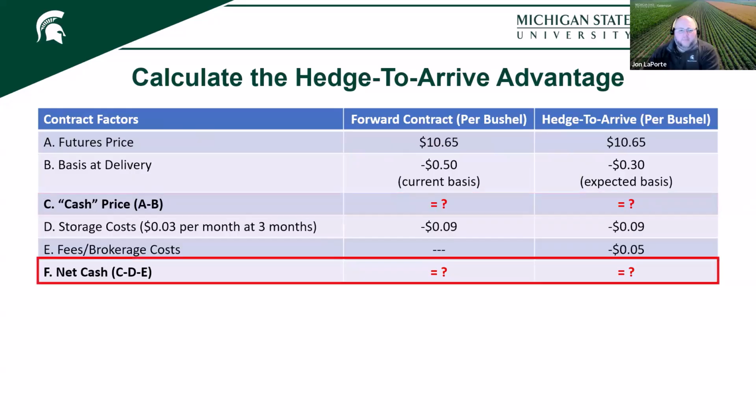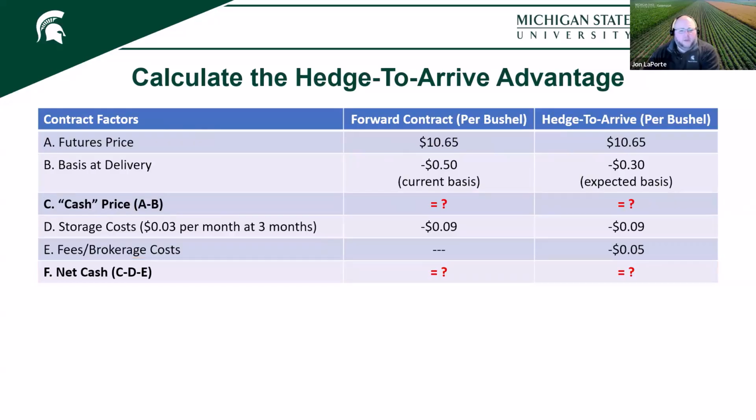Then we'll eventually calculate the net cash price in the next couple of steps. First thing is we want to do this cash price. So we take the 10.65, we add in this negative 50, so we get $10.15. That's the price we're going to set if we just lock in our price, and we think it's a profitable price.